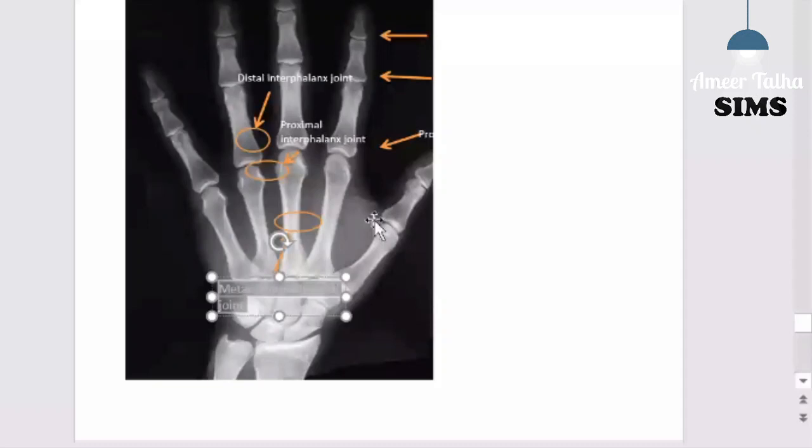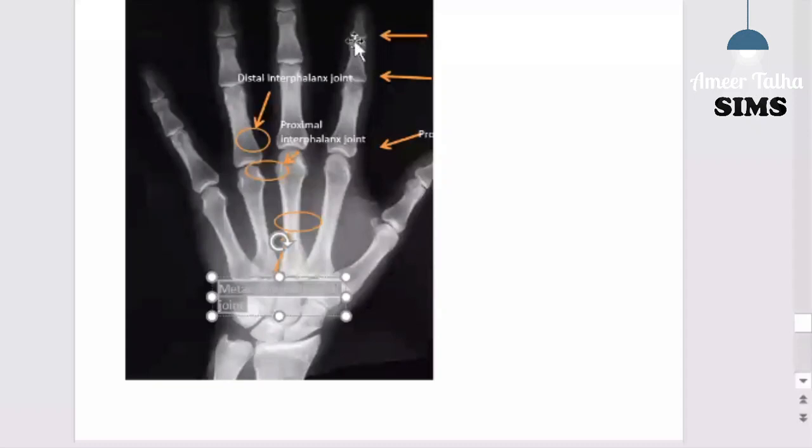As there are two phalanges in the case of the thumb, there is a metacarpophalangeal and an interphalangeal joint only. While in the case of the rest of the fingers, as there are three phalanges, after the metacarpophalangeal joint there is a proximal interphalangeal joint and then the distal interphalangeal joint.